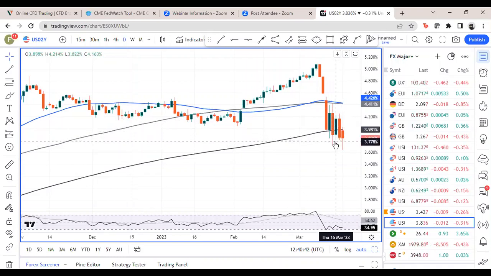We're hanging around the 200-day moving average, which is around 4% for the 2-year US Treasury, and you can see where we've pulled back from those lows, which were at 3.63%. We're at 3.83% now on the 2-year Treasury.